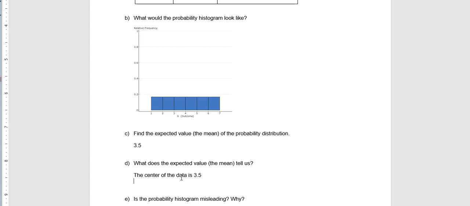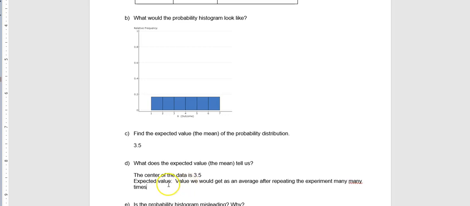If we're thinking of this as an expected value, that means the value that we would expect to get as an average if we repeated this same experiment many, many times. So our expected value is what we would expect to get as an average of the results after we repeat the experiment many, many times.